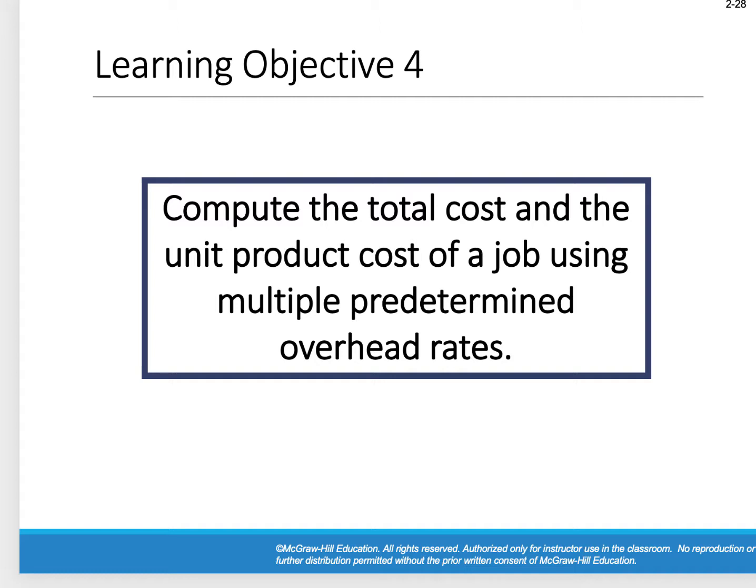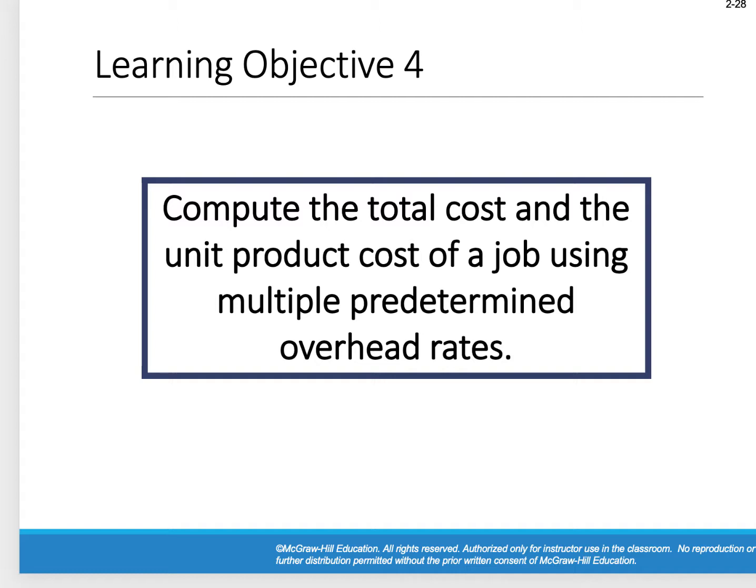Using multiple predetermined overhead rates is not very different from using a plant-wide predetermined overhead rate. The only thing we need to recognize is that when we deal with multiple predetermined overhead rates, each department is going to have its predetermined overhead rate.